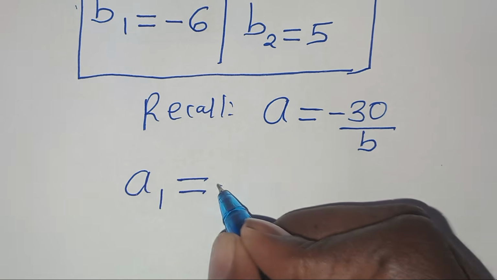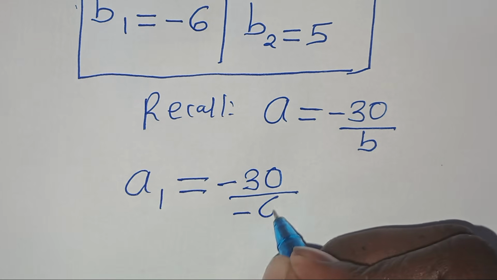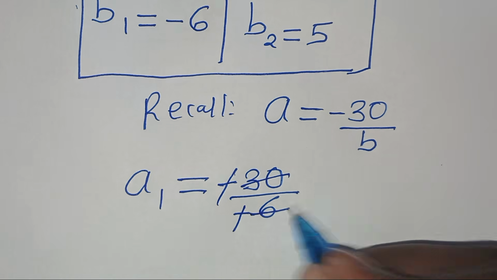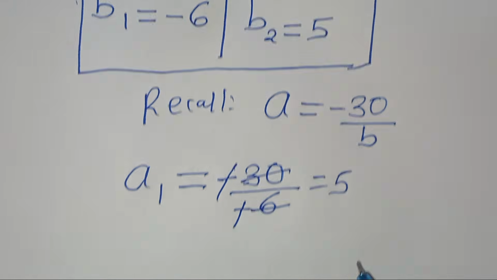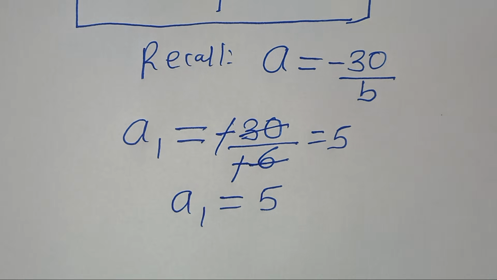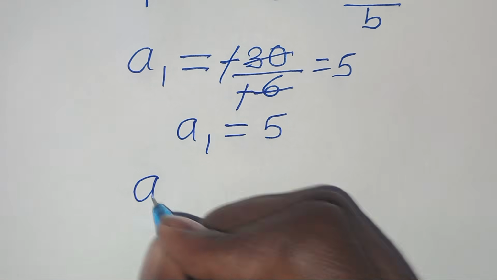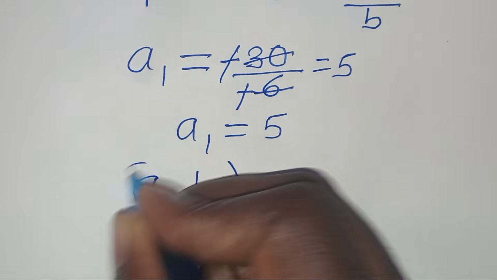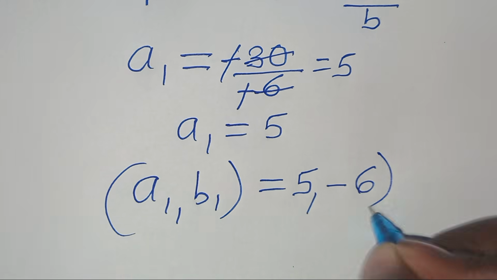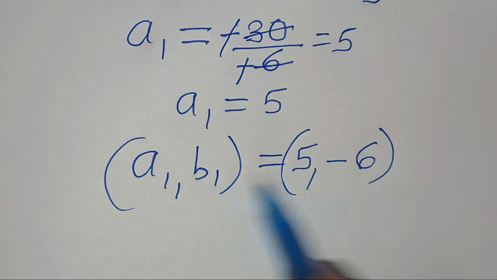This is negative 30 over b1, and b1 is negative 6, so negative and negative simplify. 30 divided by 6 is equal to 5. So a1 is equal to 5. So we have the first set of solution: a1, b1 is 5, comma, minus 6.